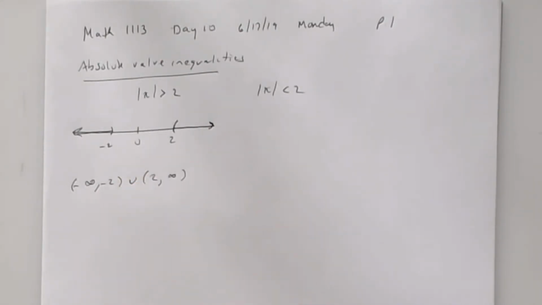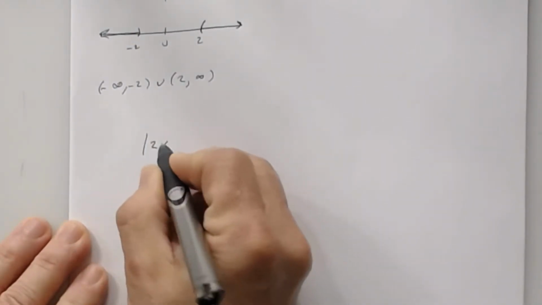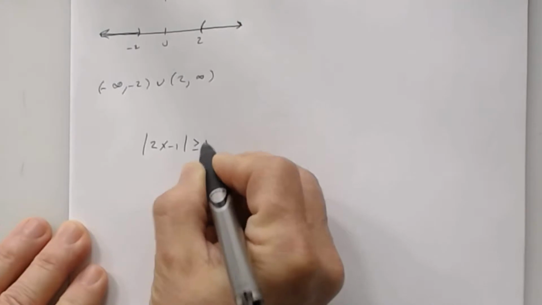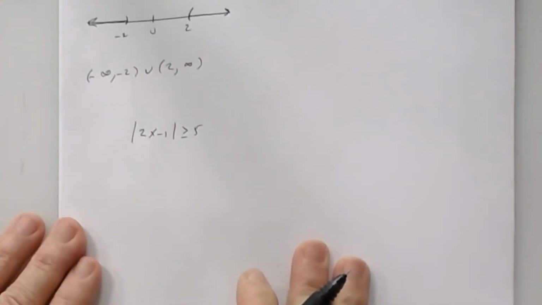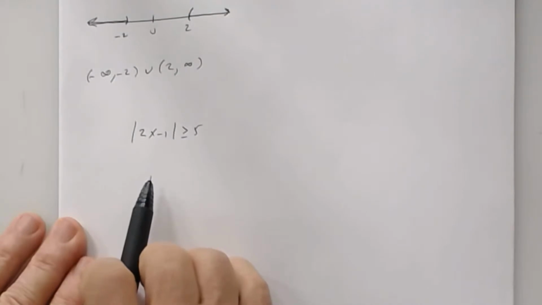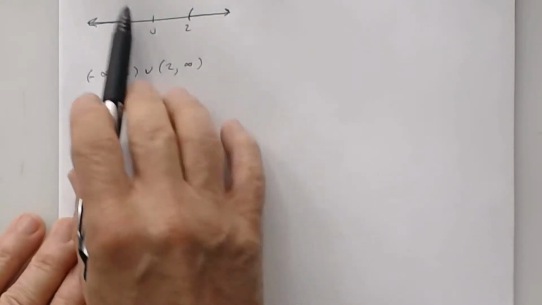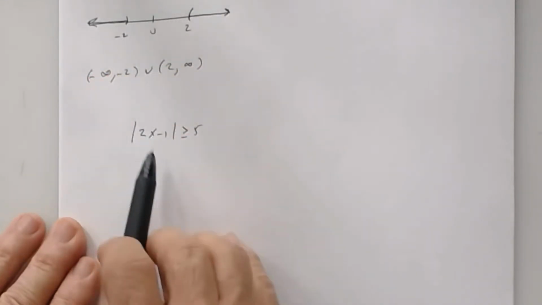So when we looked at a more difficult problem, let's say we had the absolute value of 2x minus 1 is greater than or equal to 5, you're supposed to use this fact to help you. With a greater than absolute value inequality, and by the way, the absolute value must be by itself, correct?